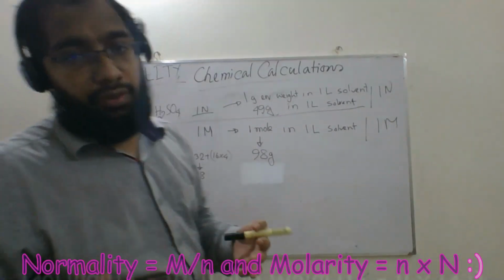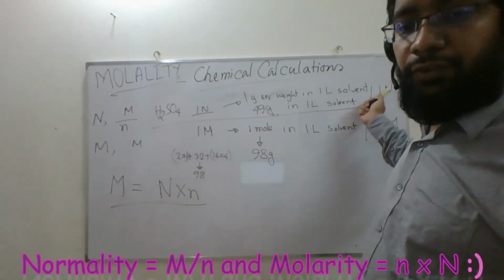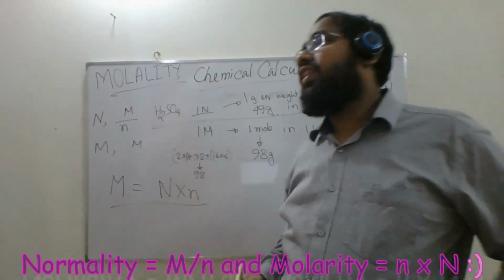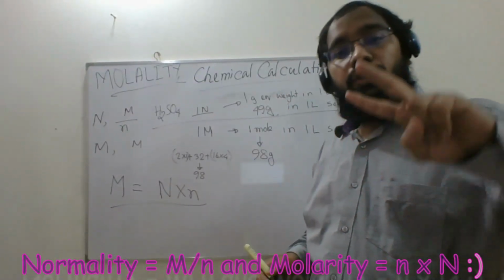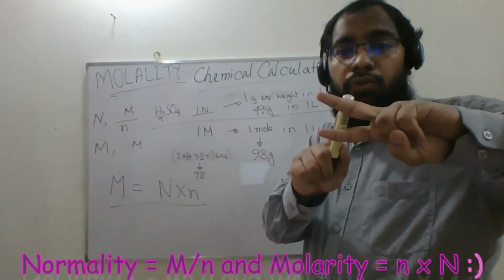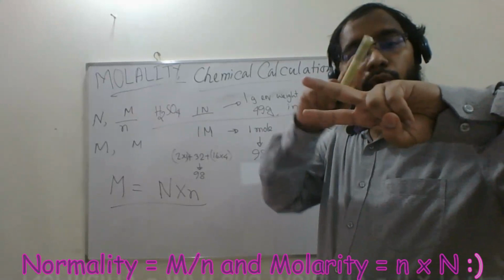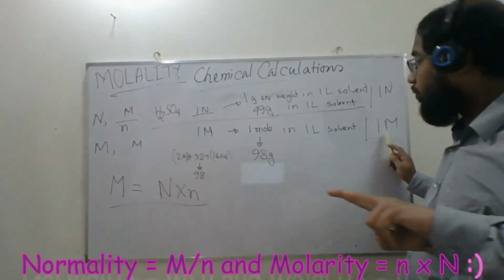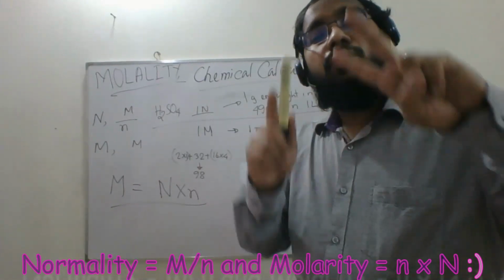That means if we say 1 normal sulfuric acid, then as sulfuric acid has 2 H plus ions, we can say 1 normal sulfuric acid is equivalent to 1 into 2 equal to 2 molar sulfuric acid.